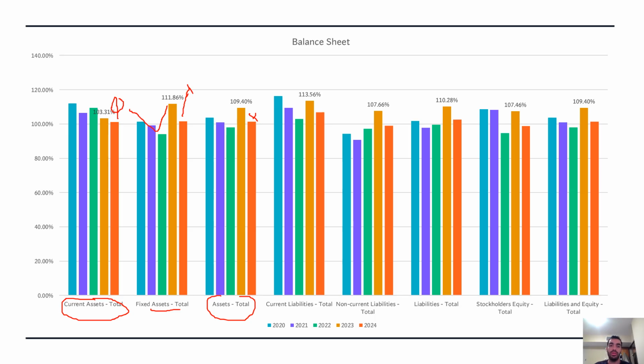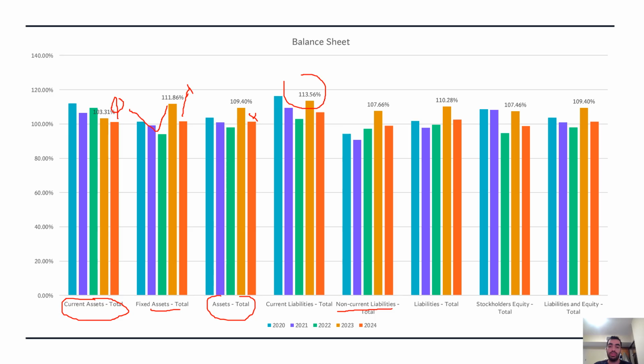Now I'm moving on to current liabilities. Current liabilities consistently increased, as we see in the chart, showing rising short-term obligations. On the other hand, non-current liabilities, meaning long-term liabilities, varied year to year but ended higher than the starting point, reflecting mixed changes in long-term debt.